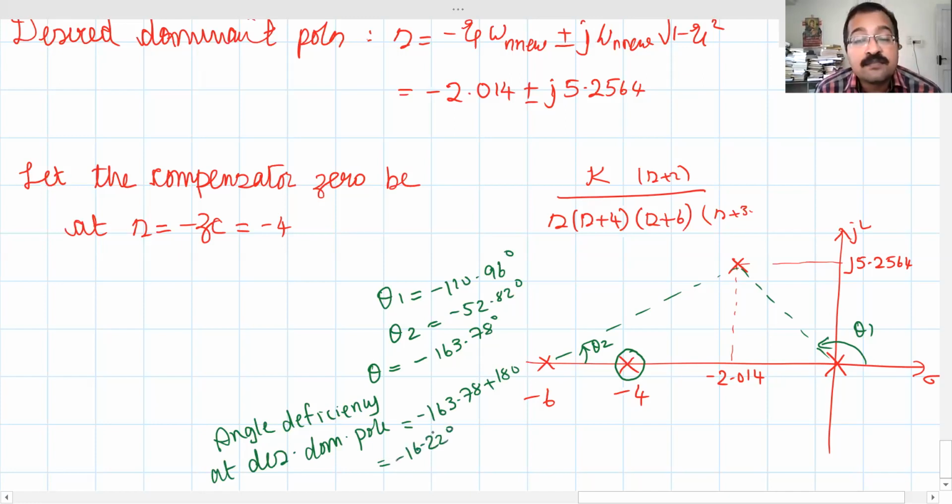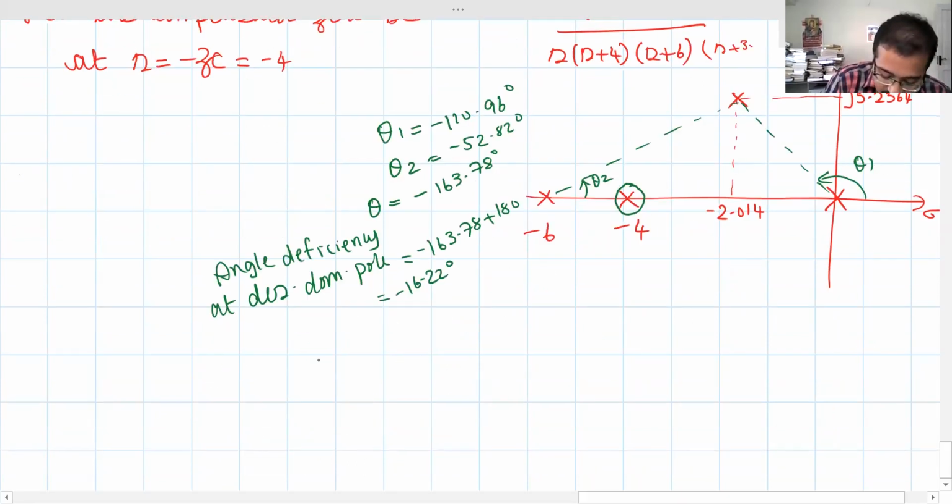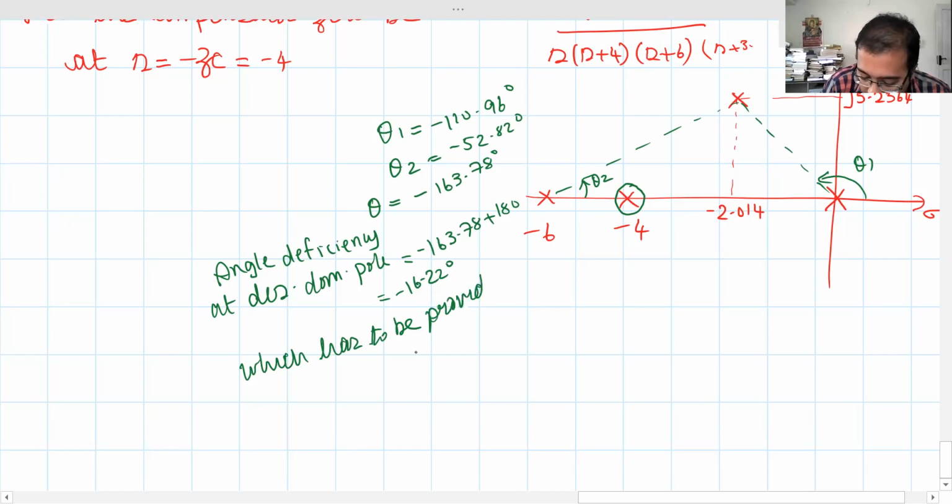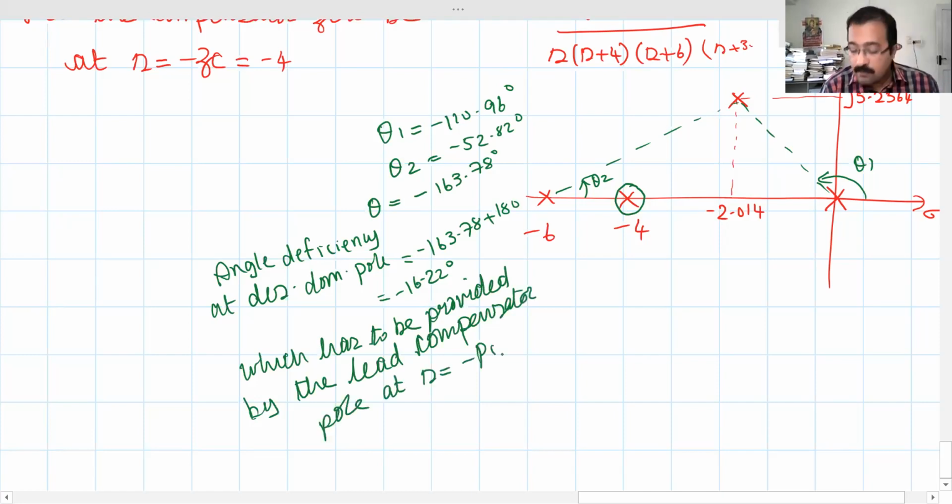Who will give that minus 16.22? The compensator pole should give it. The compensator pole should give an angle of minus 16.22 degrees, which has to be provided by the lead compensator pole at s equals minus p c.